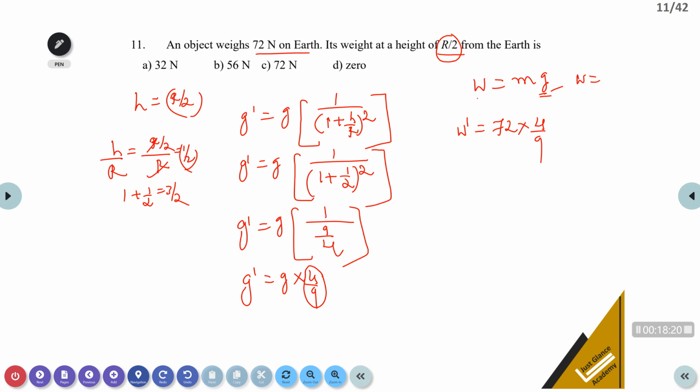Or you can write W equals M into g dash. So 9 ones are 9, 9 eights are 72, so W dash equals 32. That is not 32 kilogram, it is 32 Newton.